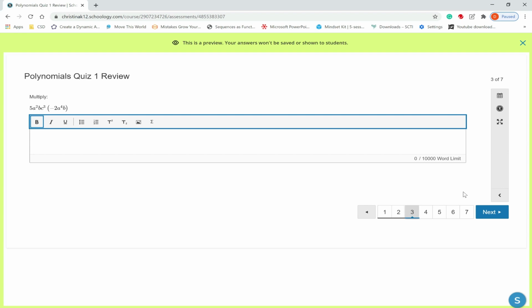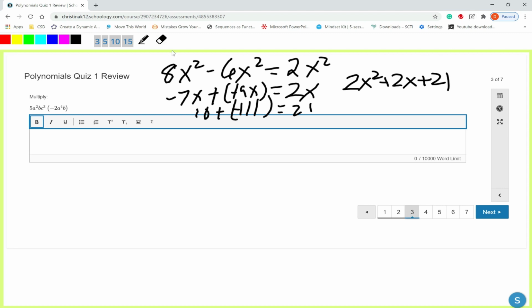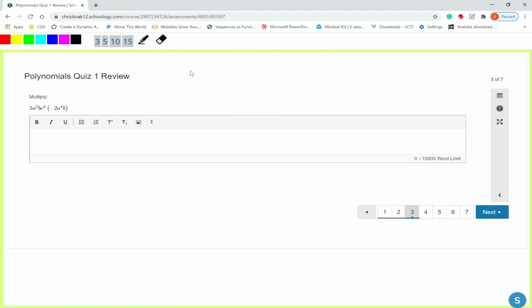Next one, we're being asked to multiply the monomial 5a squared b c to the third power by negative 2a to the fourth b. So we do 5 times negative 2.